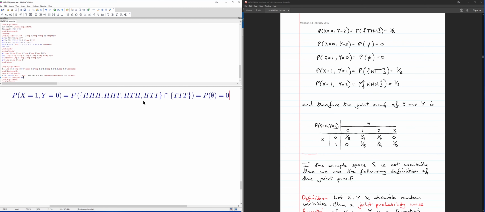So there isn't any outcome that satisfies both x is equal to 1 and y is equal to 0. So the event of both of these conditions holding is in fact the empty set. And what we're doing is calculating the probability of the empty set, and we saw that the probability of the empty set is just equal to 0.